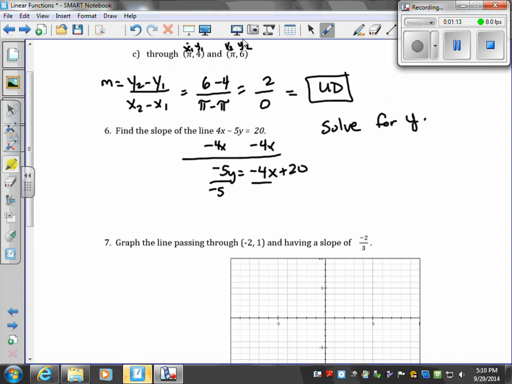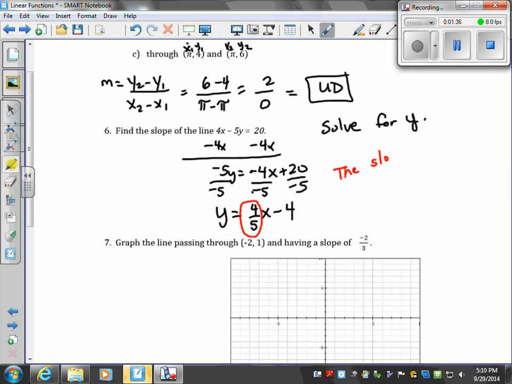Divide both sides by negative 5. y is equal to 4/5 x minus 4, because a negative divided by a negative is a positive. Now what you need to know is that the coefficient of x is going to be the slope. So take notes.